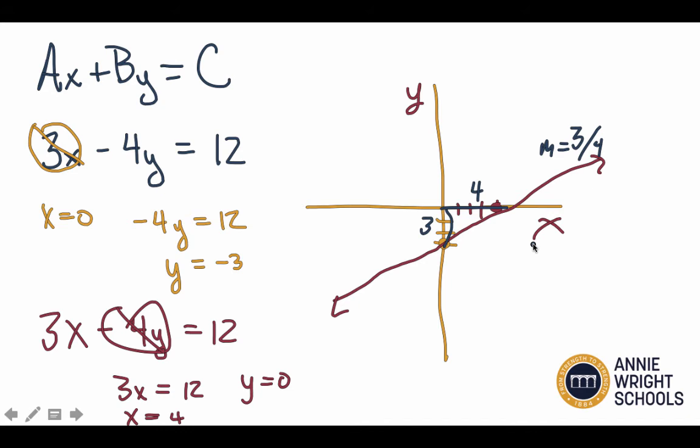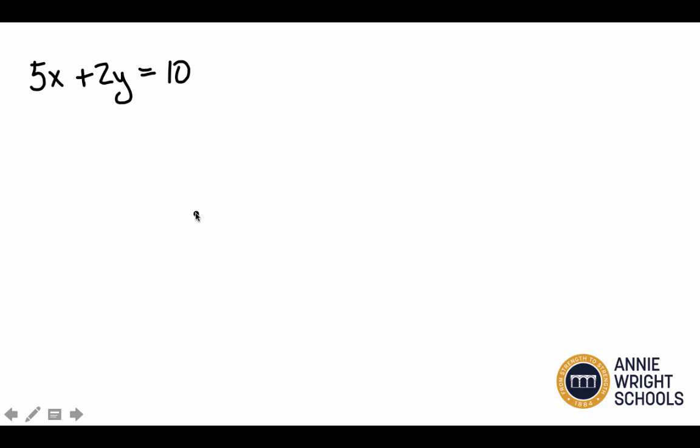Here's a practice one for you just to make it complete with everything. If I told you 5x plus 2y equals 10, graph this using the standard form method, finding the two intercepts. Pause the video, do that now. All right, so if x equals 0, 2y equals 10, and y equals 5.